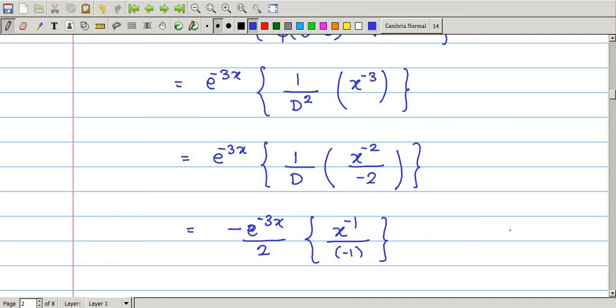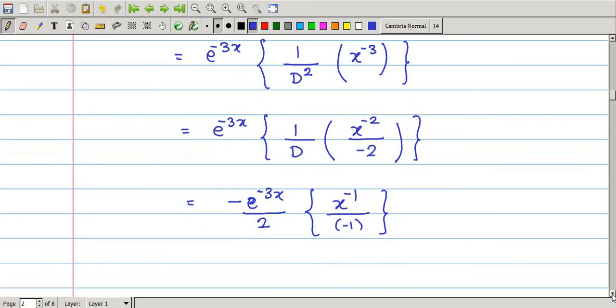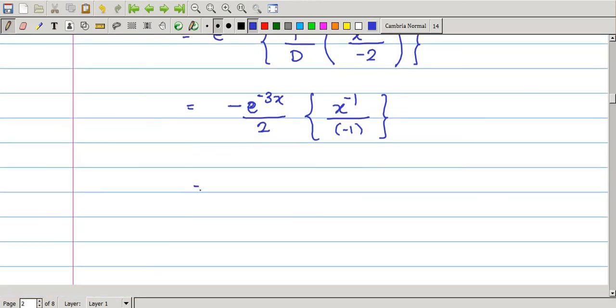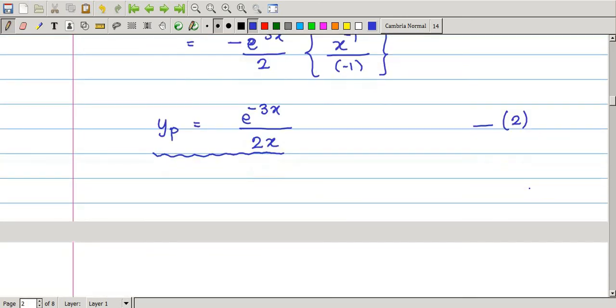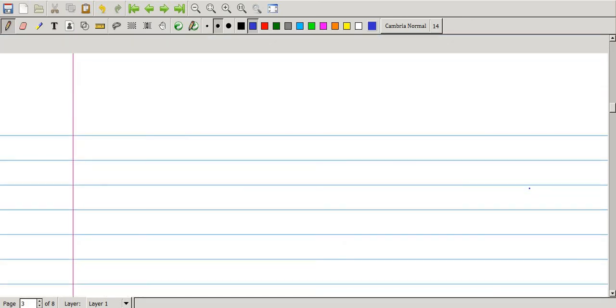Again, if we simplify this, the required answer will be e raised to minus 3x upon 2 times x. This will be the required particular integral. Now we denote it by equation number 2. Therefore, from equation 1 and 2, required general solution is complementary function plus particular integral.